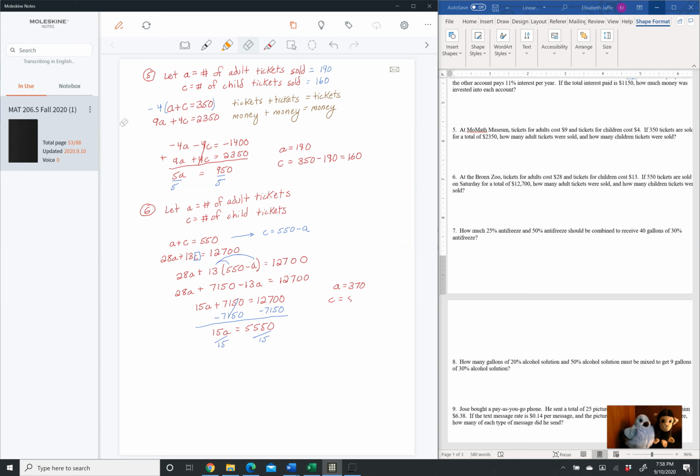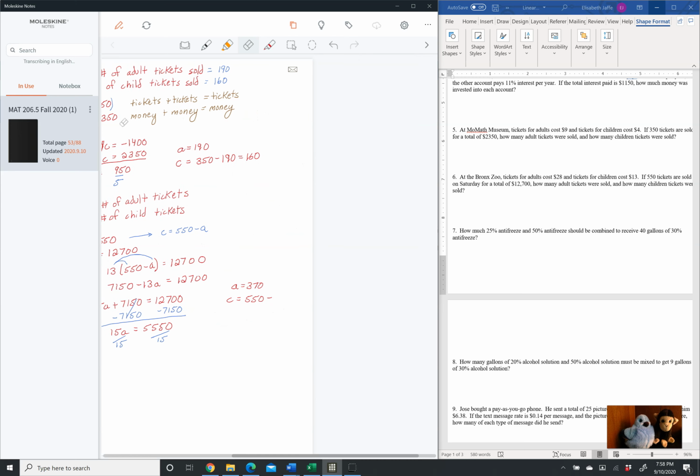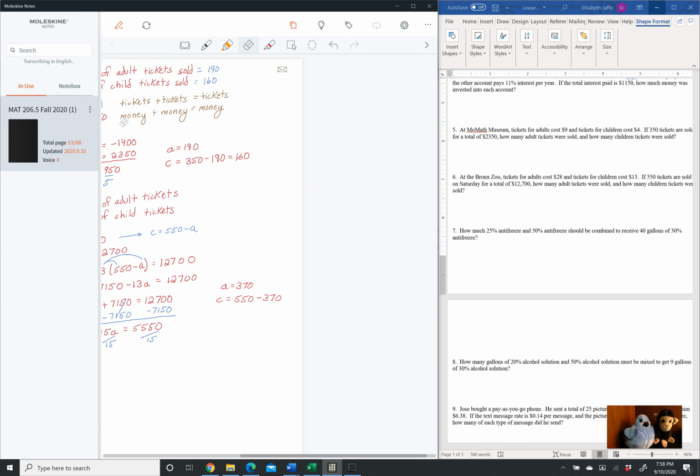And that means that C is 550 minus 370, which gives us 180. And remember, we just write in the answer up at the top, right? Number of adult tickets is 370. And the number of child tickets is 180.